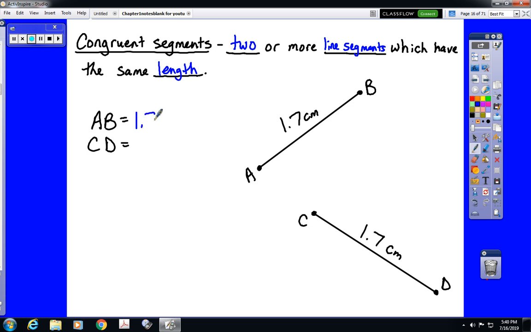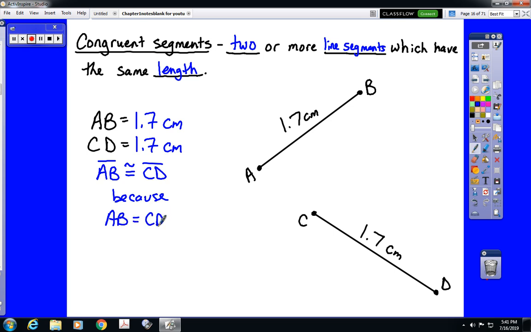Since they are each 1.7 centimeters, we are able to say that AB is congruent to CD because the length of AB is equal to the length of CD. So congruent segments, two or more line segments which have the same length.